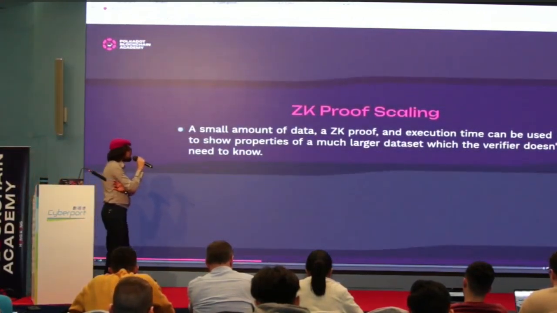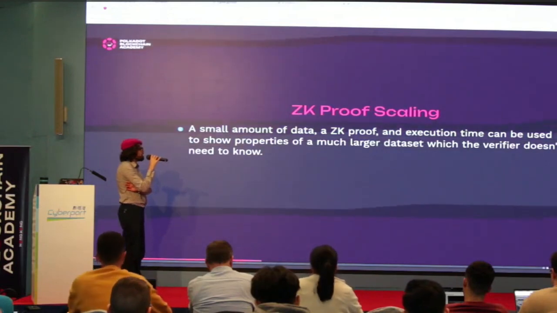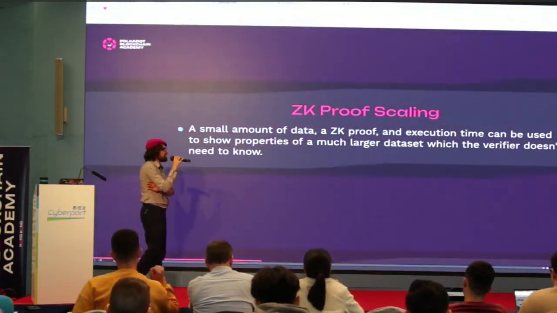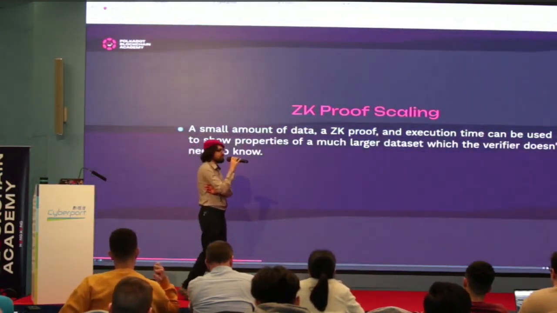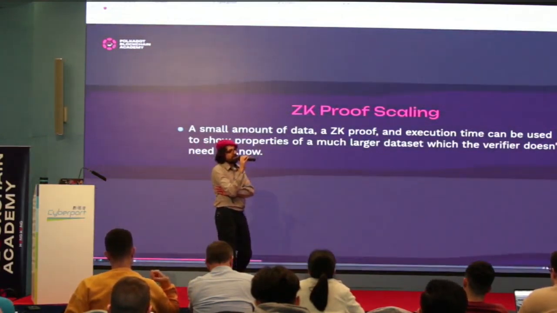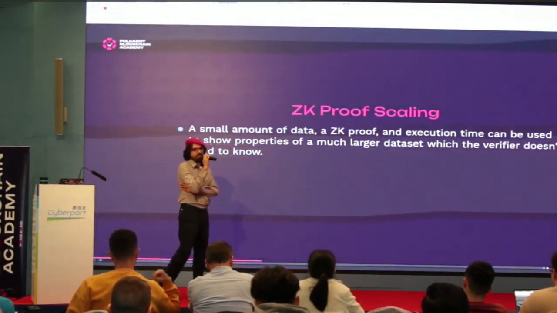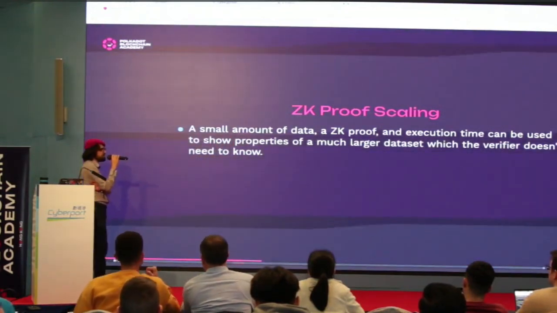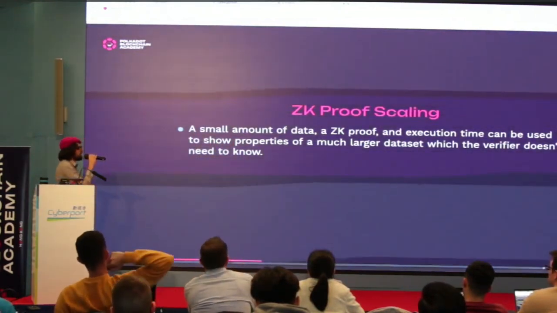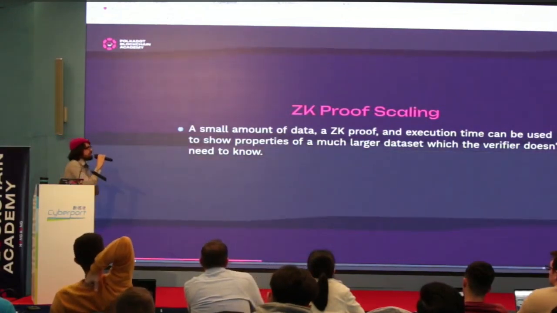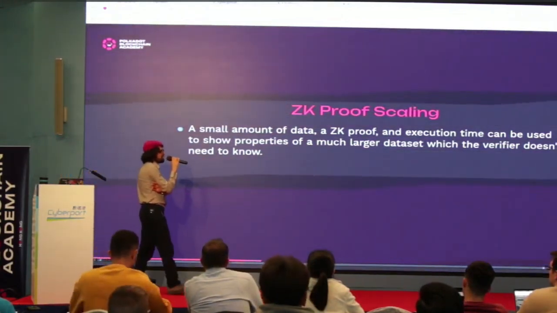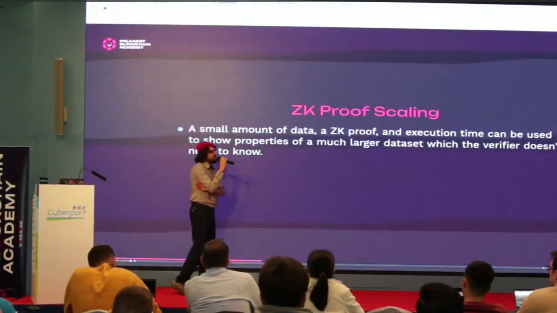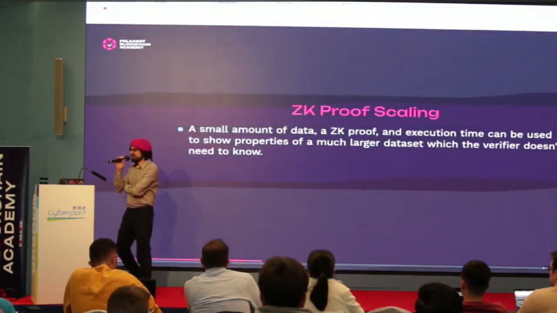So ZK proofs help us make a smaller proof that is much faster to verify than the original problem, because even the witness might be big and just digesting the witness will take time. They are proving something about a data set that is much bigger, but the verifier doesn't need to know the data set.